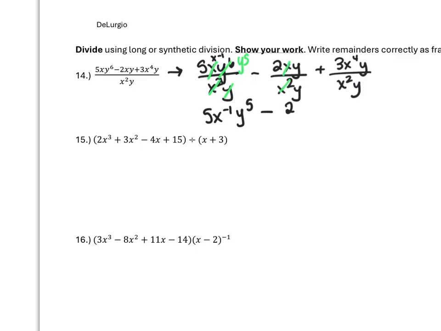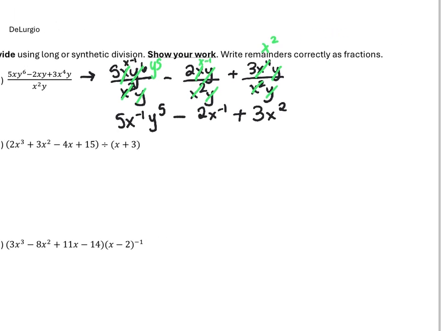Simplify our x's. This is x to the negative 1. Simplify our y's. That just becomes y. So 2x to the negative 1 plus 3. Simplify our x's. 4 minus 2 would be x squared. Y over y is 1. So that goes away.